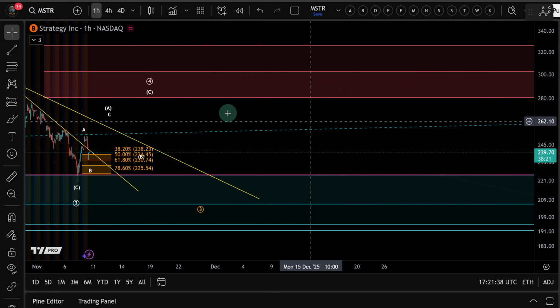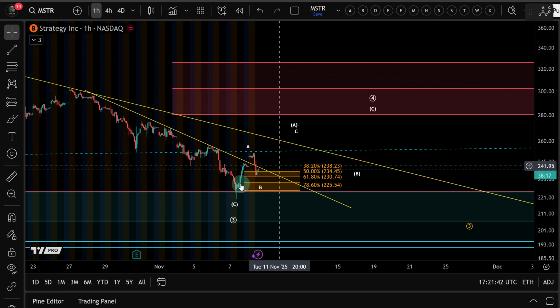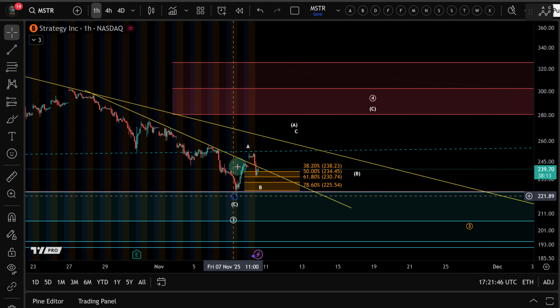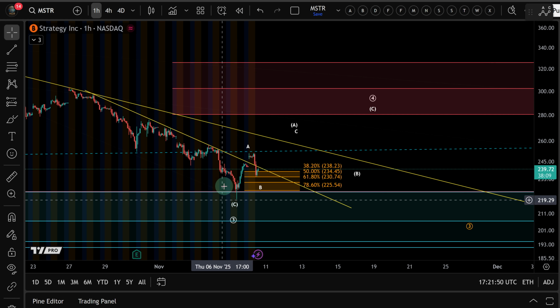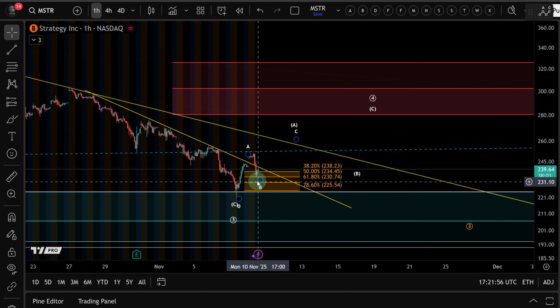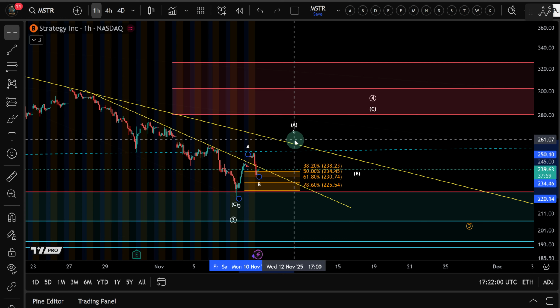It's entirely possible this bounce has started in wave 4, but I have to say the move up remains, well, I don't want to say weak, because it was quite a pump from around $219 to $251 in this A wave to the upside. Possibly now we have a B wave pullback, and we could get a C wave rally from here.